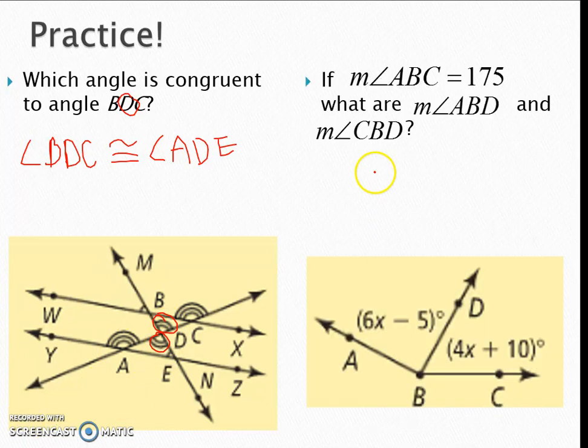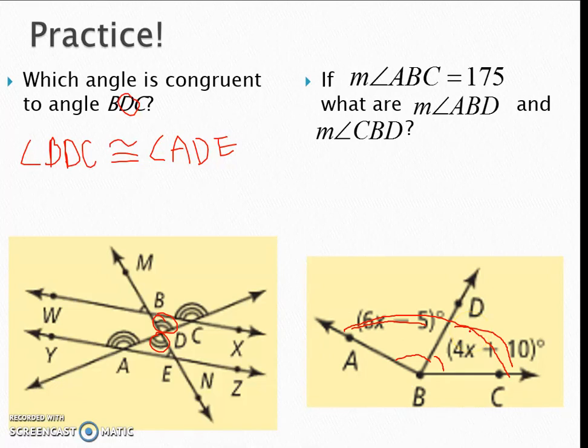Let's look at the next problem. If measurement ABC, right here, is 175, so this whole thing is 175, what are the measurements of ABD and CBD? How do you find the measurement for here and here? We're going to use algebra. We add ABD plus this one, equal to 175.